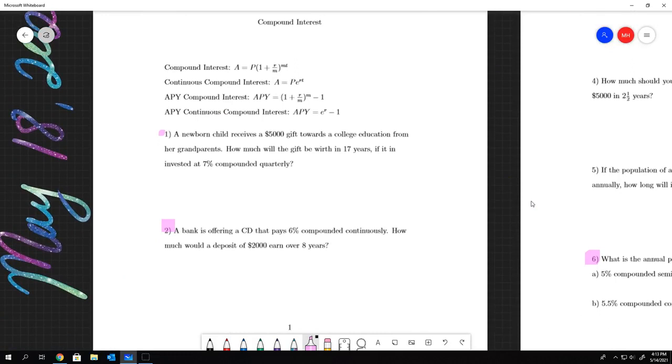And some new additions are continuous compound interest. A lot of times you see the words compound continuously, and APY compound interest or an APY continuous compound interest.